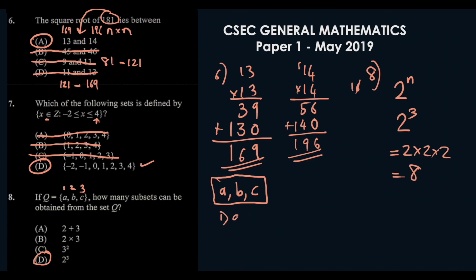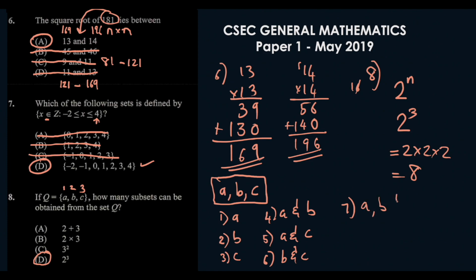I can have a set with just A in it, one with just B, one with just C. I could also have one with A and B, one with A and C, one with B and C, and I can also have one with all 3 elements.